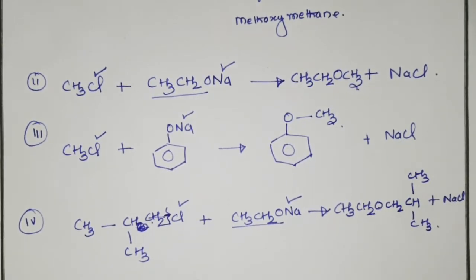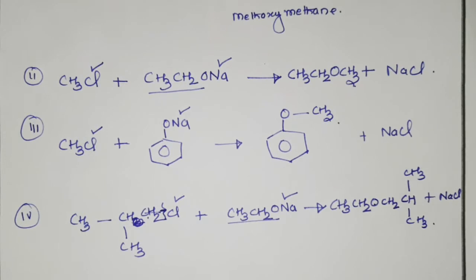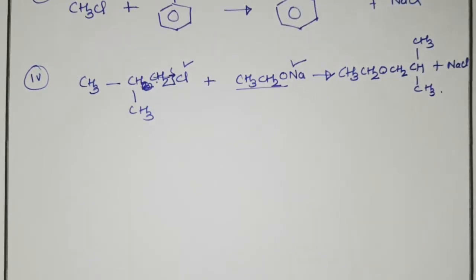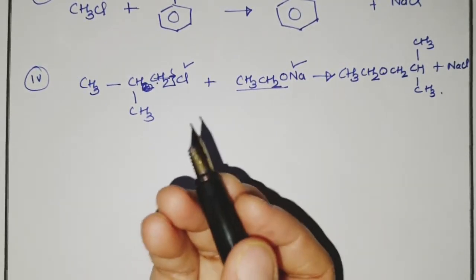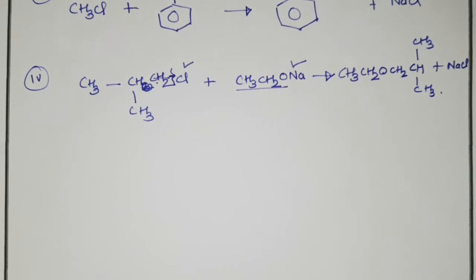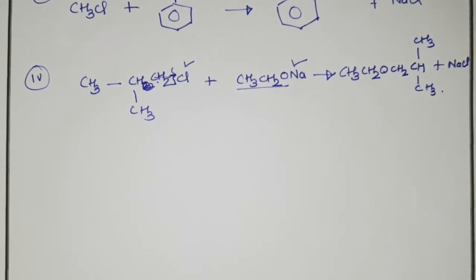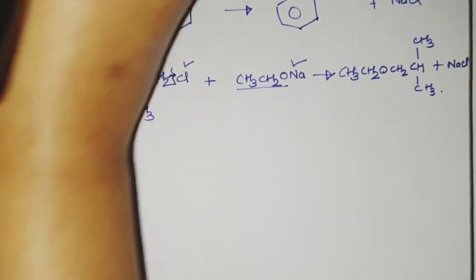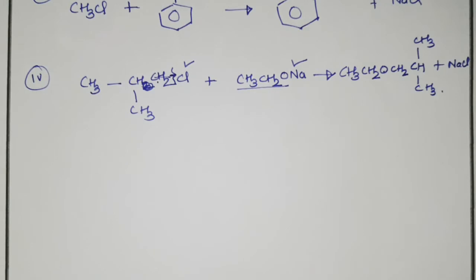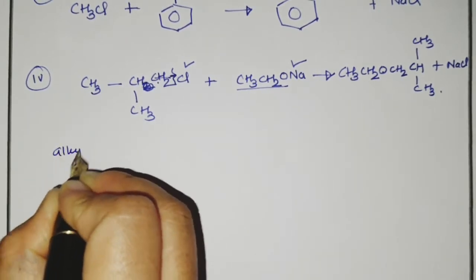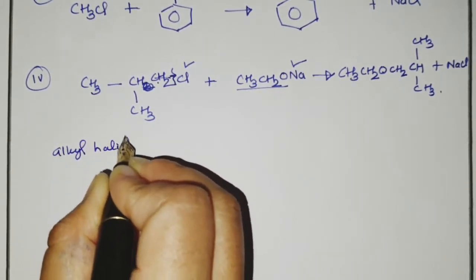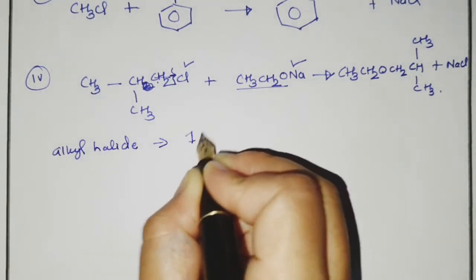You can get a symmetrical or an unsymmetrical ether. However, there are some limitations of this Williamson synthesis. Whenever we are preparing ether using Williamson synthesis, the alkyl halide should preferably be primary, 1 degree.